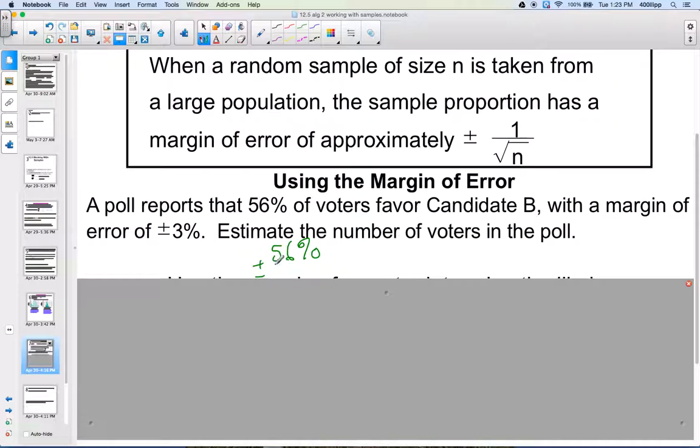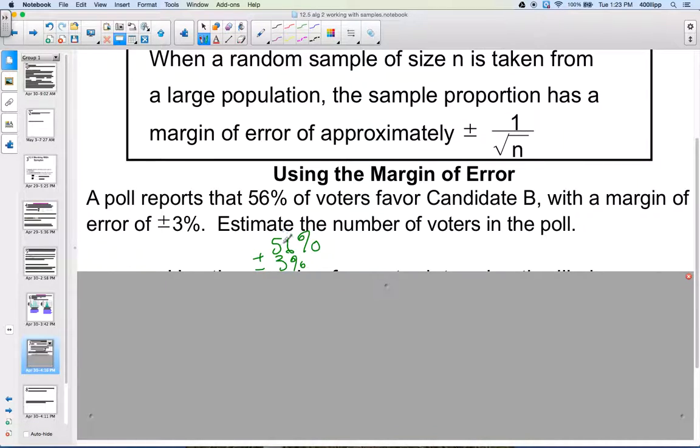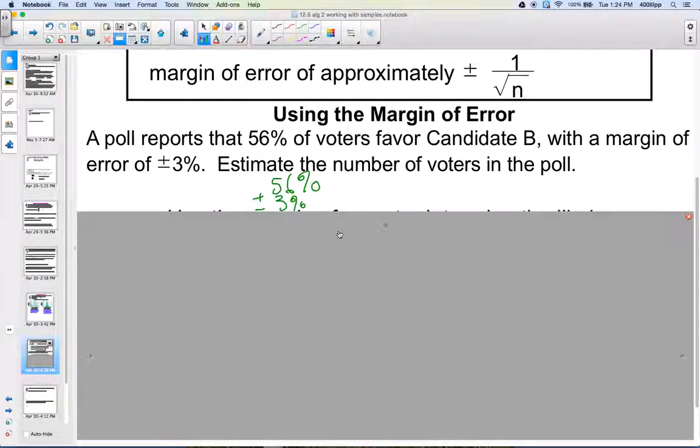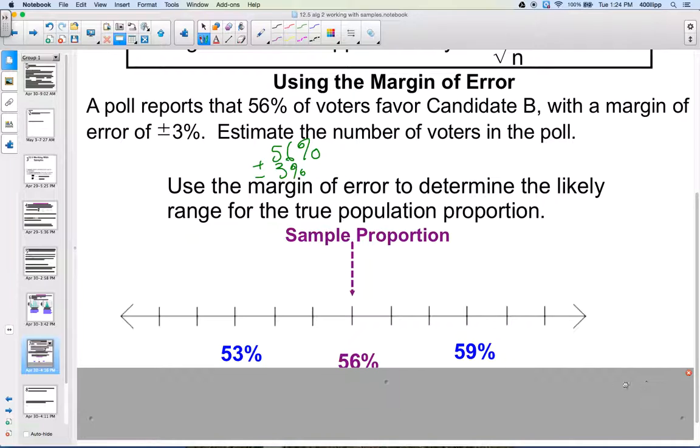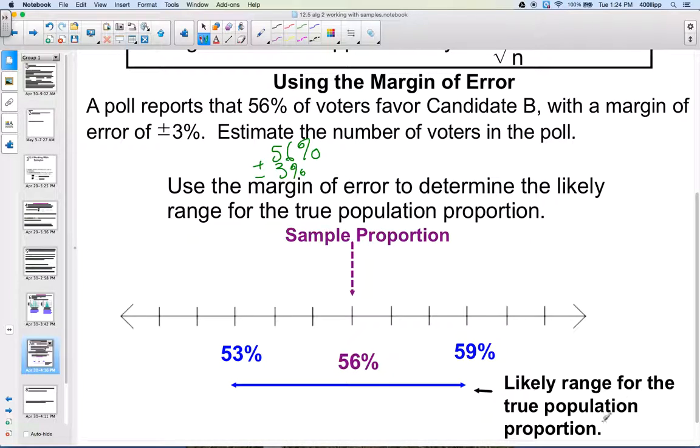So you would add and subtract 3%. 56 plus 3 is 59%, and 56 minus 3 is 53%. So the likely range for the true population proportion is 53% to 59%.